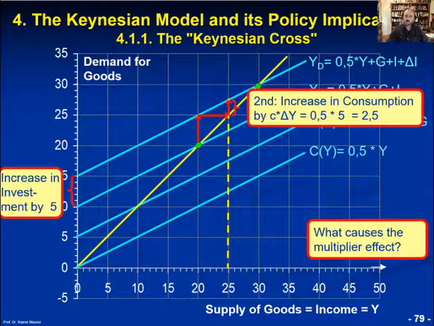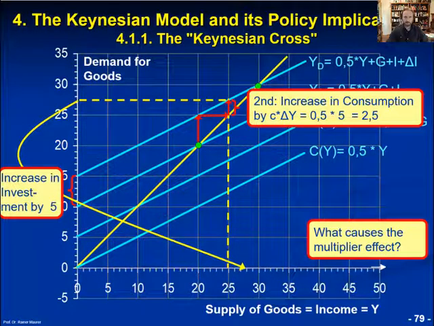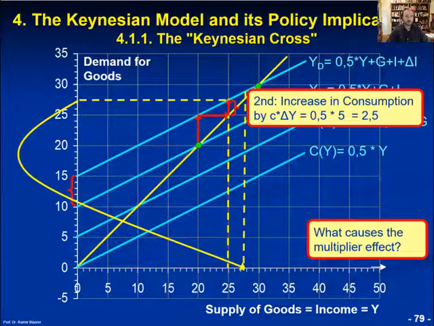This increase in consumption demand causes now private firms to produce an additional amount of 2.5 units of GDP. And this additional production causes household incomes to grow again, now by 2.5 units.